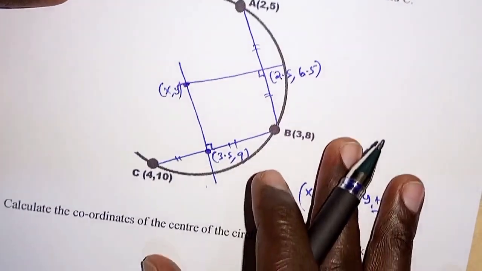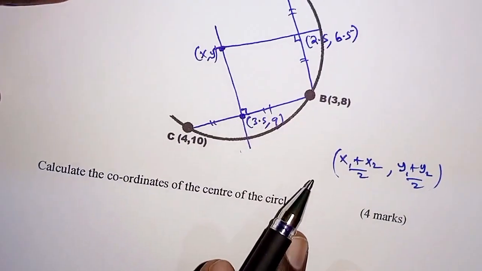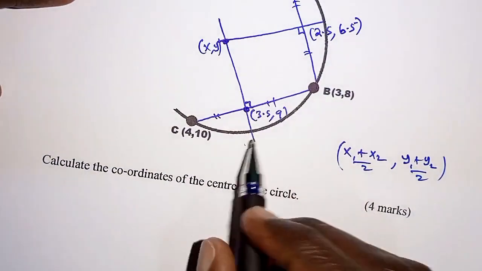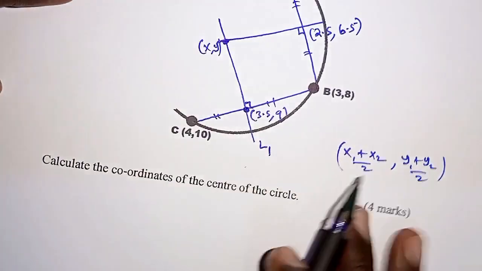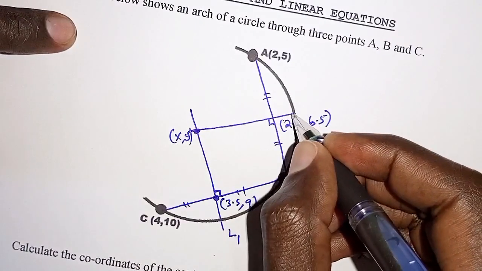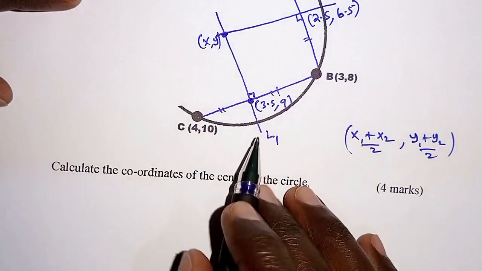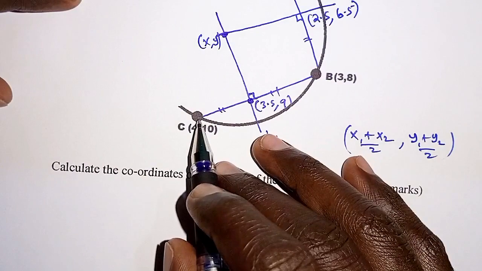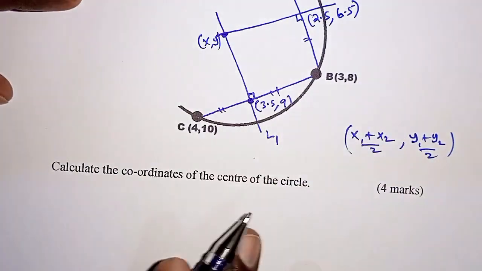So what is remaining is to determine their gradients. So we'll begin with gradient of this line here. Let's call it line 1, this perpendicular bisector. And let's have this other one as line 2. So beginning with line 1, we will first of all consider the gradient of this line CB.